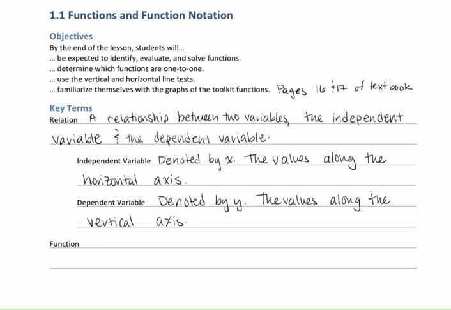Now let's define a function. A function is a relation in which each input corresponds to exactly one output, or in other words, a relation in which each input leads to exactly one output.